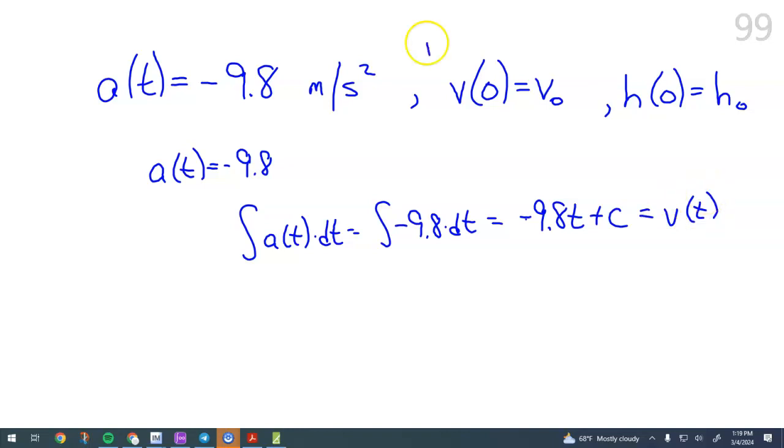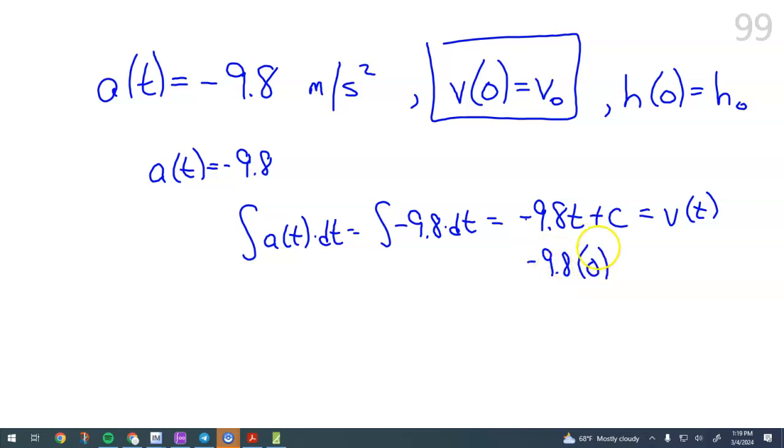Well, the next thing I know is, and it's kind of just saying the same thing twice, but this is saying the velocity when your time equals 0. We're just going to call it v naught. Is that what Rod calls it? V naught. Okay. So then that means when t is 0, the velocity is v naught. So what does c have to equal? It has to equal v naught. What we have now is that velocity equals negative 9.8 t plus v naught.